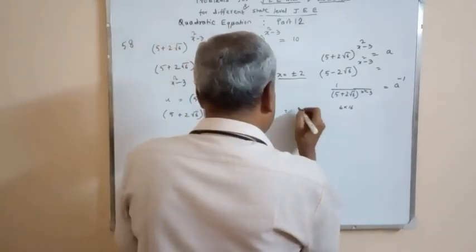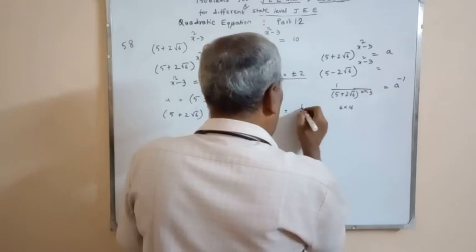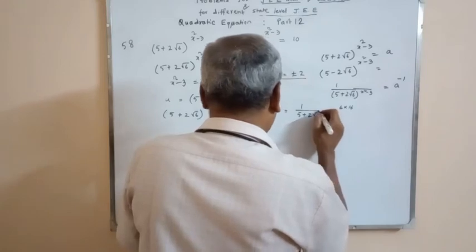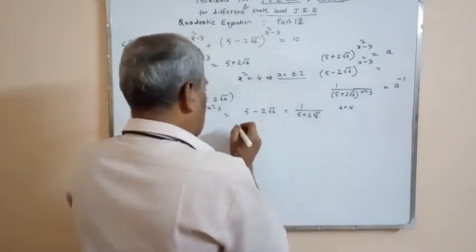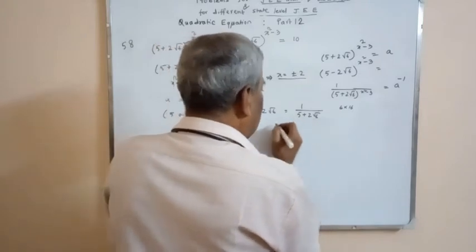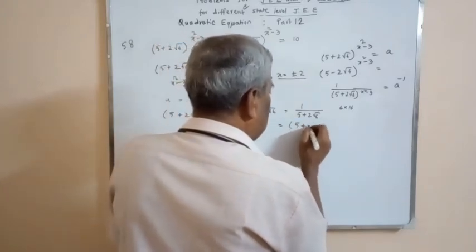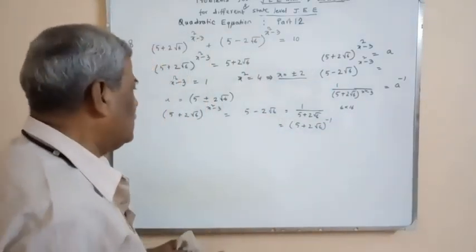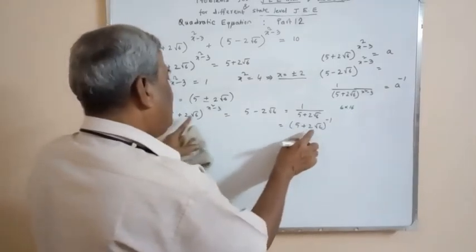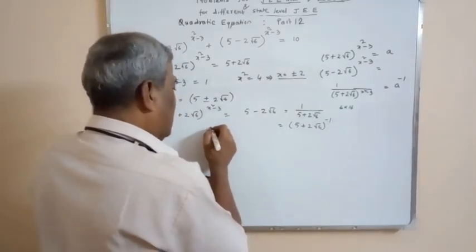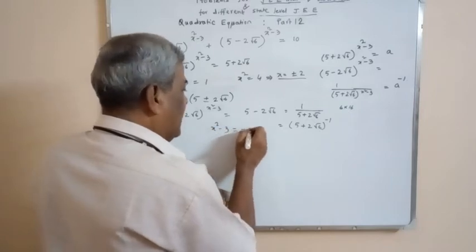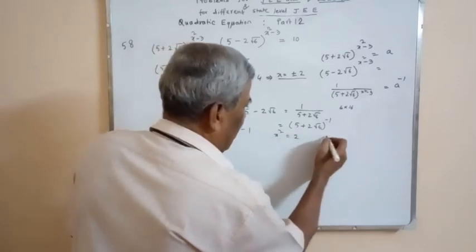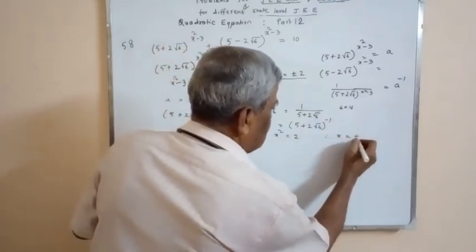So that it is equal to 1 by (5 + 2√6), which is (5 + 2√6) to the power minus 1. So in this case also, the bases are same, so powers must be same. Therefore, x² − 3 is equal to −1, giving x² is equal to 2. Hence, x is equal to ±√2.